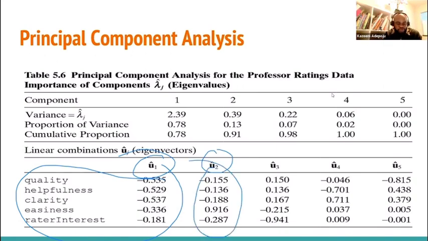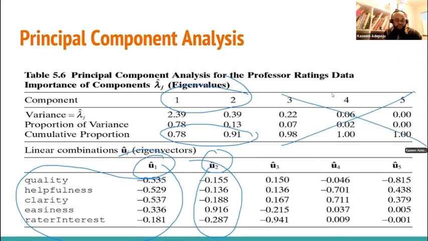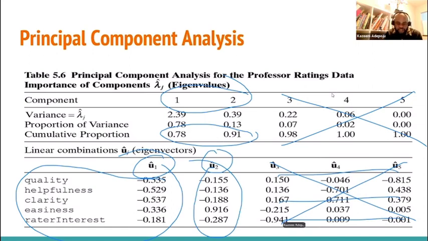But based on the cumulative proportion, we're only going to focus on the first 2 principal components, because they display 91% of the variation, and because of that, we're not interested in this one. If we're not interested in principal components 3, 4, and 5, we're also not interested in their corresponding eigenvectors. Is there anyone who needs clarification on what I just explained?